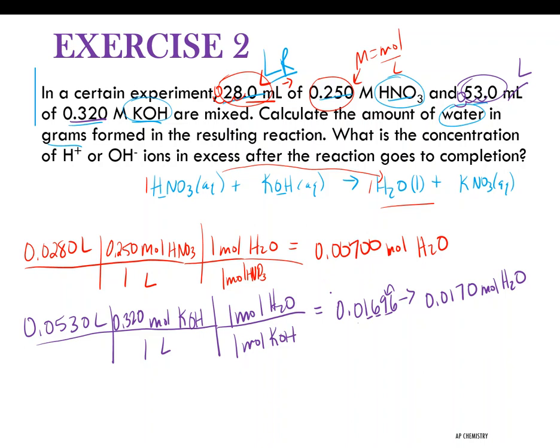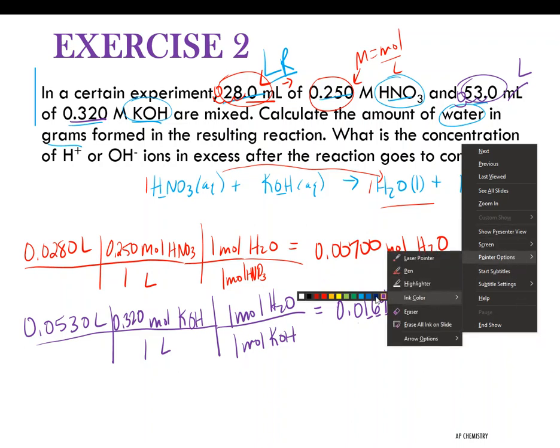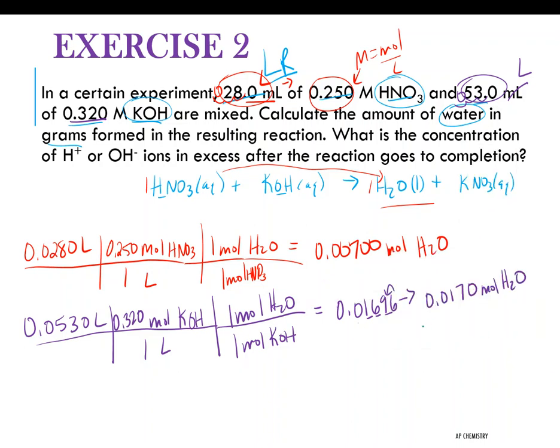Which one would I need to change over to grams? Which one ends up being my theoretical? How do I know out of my 2 possible product numbers which one's my theoretical yield that I would need to finish the calculation for grams?